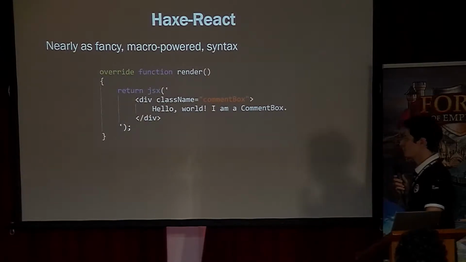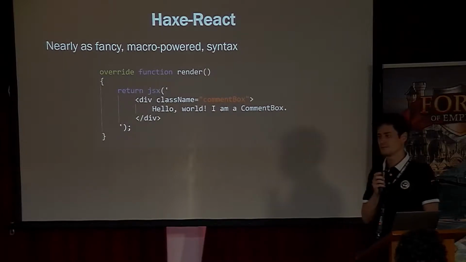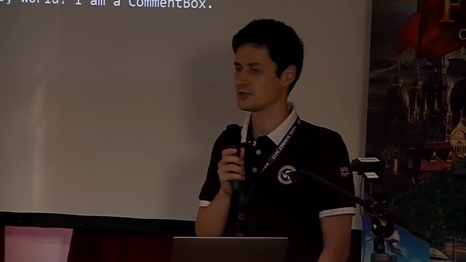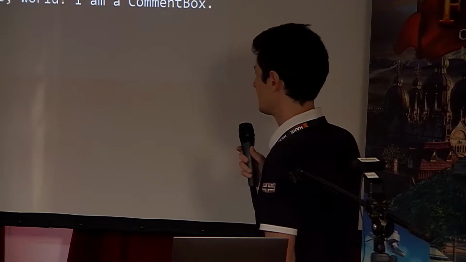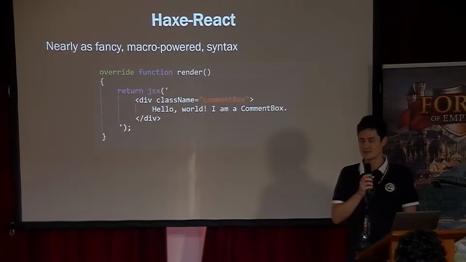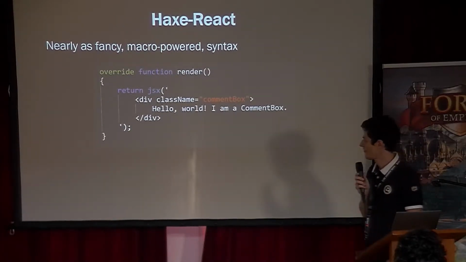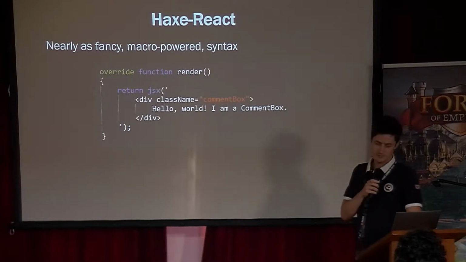Currently the best we can do for a DSL in Haxe is to use a macro function and pass a string for the template, which we hope we can make nicer, but it's reasonably compact, and that works the same.